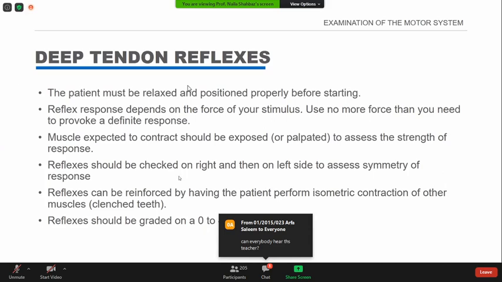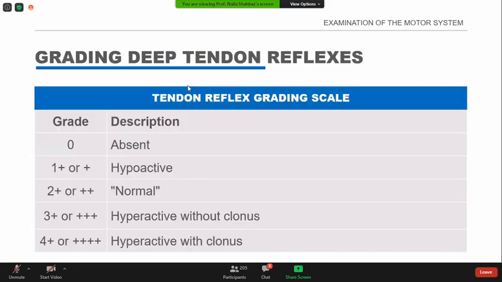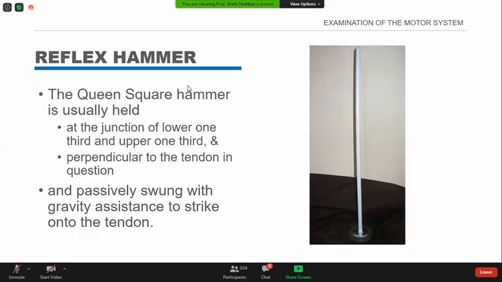Reflexes can be reinforced by asking the patient to perform certain isometric contractions of their body. This is how you grade your reflexes. 0 is absent, 1 is hypoactive, 2 is normal, 3 is hyperactive without clonus, and 4 is hyperactive with clonus. This is how you classify or record your reflexes.